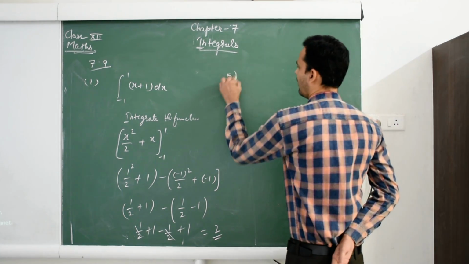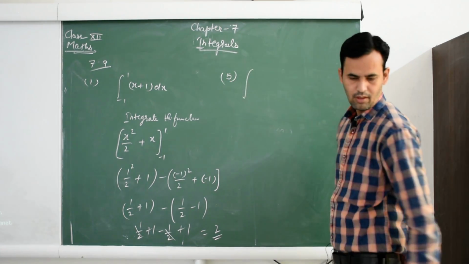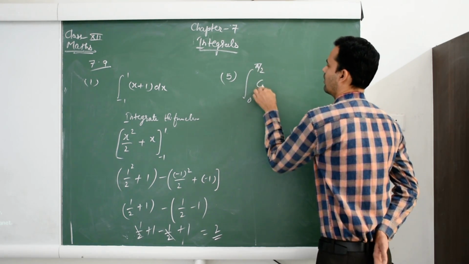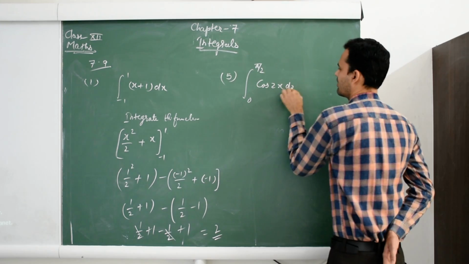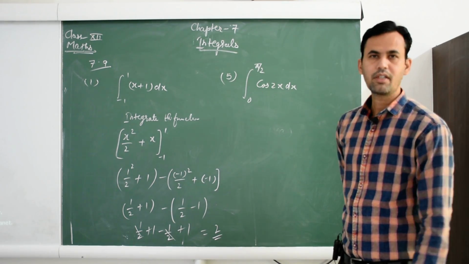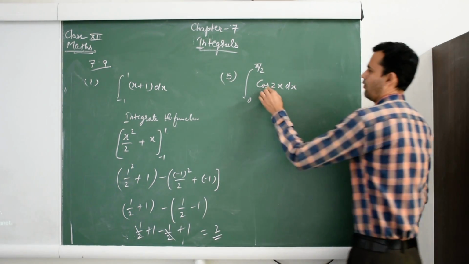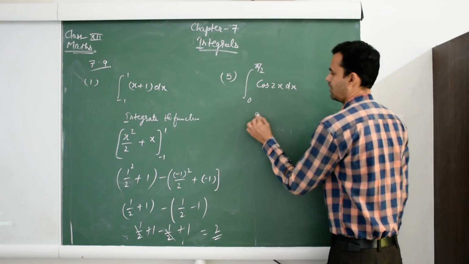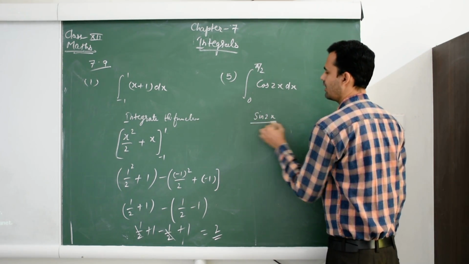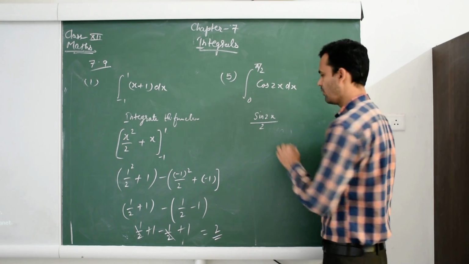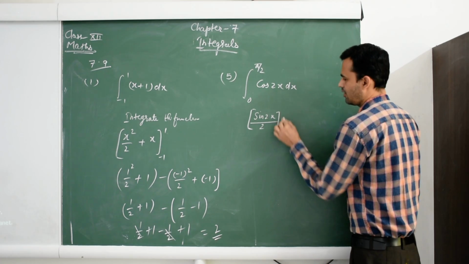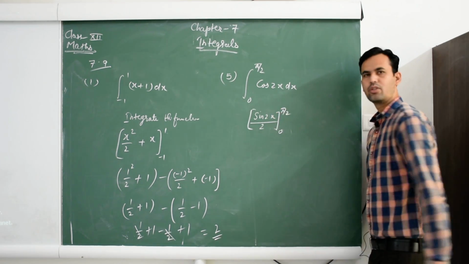Then question number 5, the integral from 0 to pi by 2 of cos 2x dx. This function is a trigonometric function. We know that integration of cos 2x is sin 2x, and integration of 2x is 1 by 2. So it is sin 2x by 2, limit 0 to pi by 2.